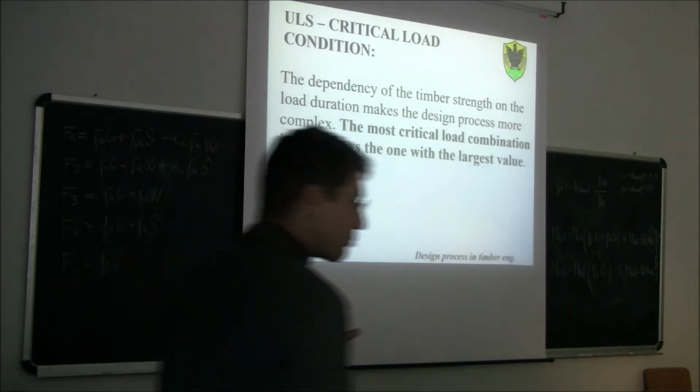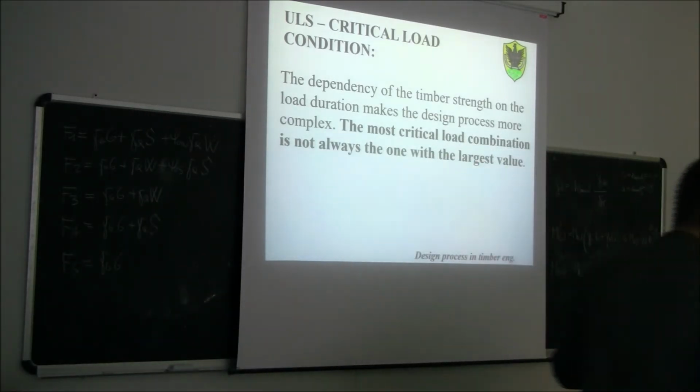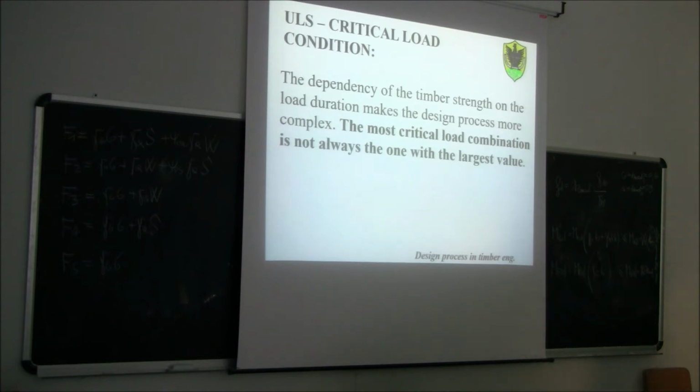It's very important to understand this well, because when we are going to do a practical worked example of a design of a roof, you will see that we may get up to 20 of those combinations. Because of course, then you have different conditions, different values. So I would like you to really understand very well what you've done here, because later we will have many of those combinations.